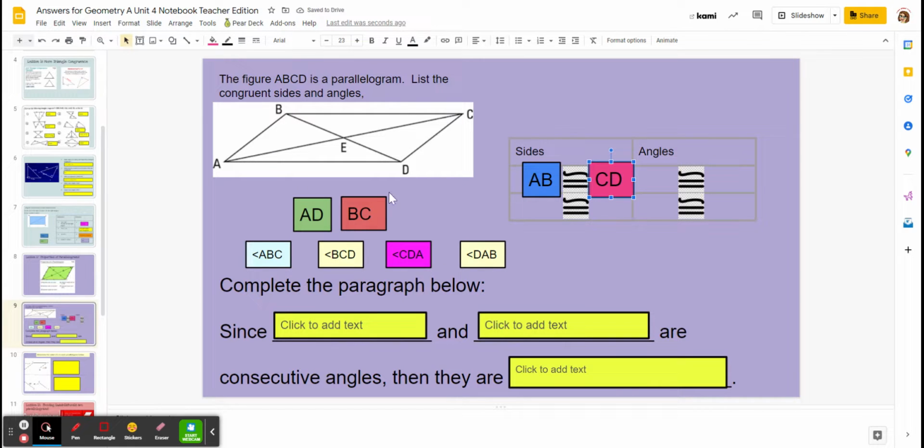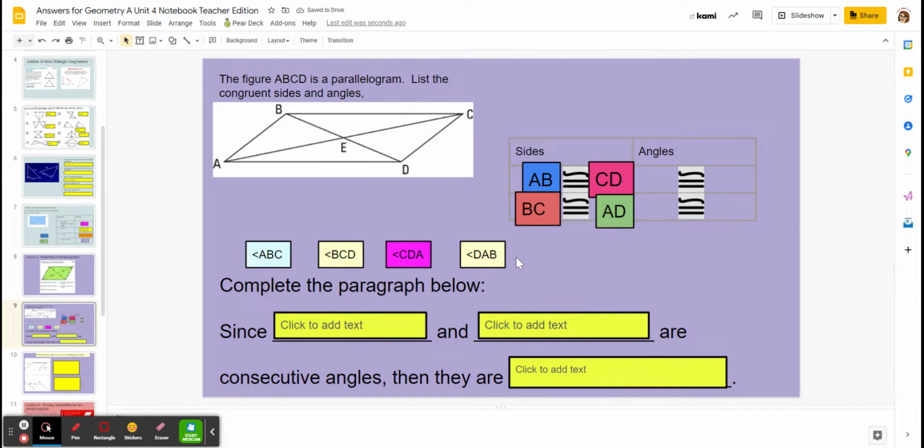I also know BC must be congruent to AD. The angles, angle ABC. Remember, your opposite sides are congruent. Opposite angles are congruent. So the one that is opposite ABC is CDA.